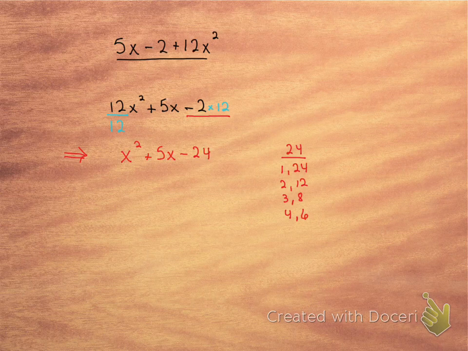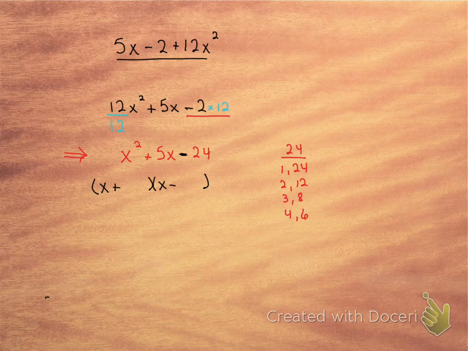So let's check in with our sign thing first. The second sign is a minus. So that tells me that in each one of these factors, I'm going to get an x plus and an x minus. Remember, the signs are different if the second sign is a minus.